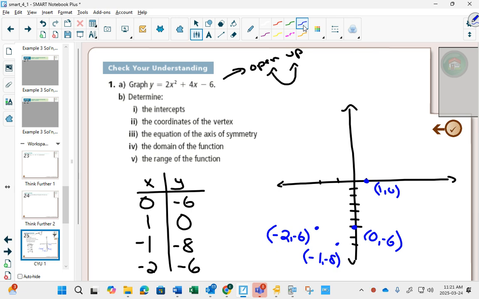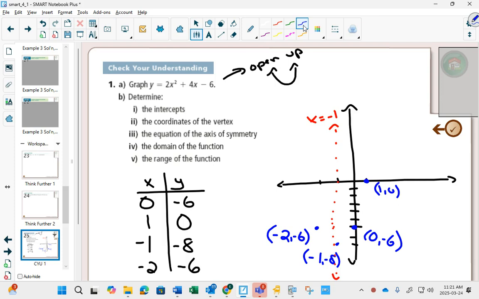And as soon as you have symmetry, you know that your axis of symmetry has to be right between these two. Does it make sense that the only thing right between 0 and -2 would be -1? That gives us our axis of symmetry.